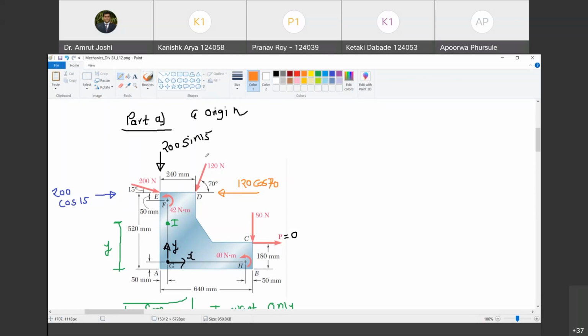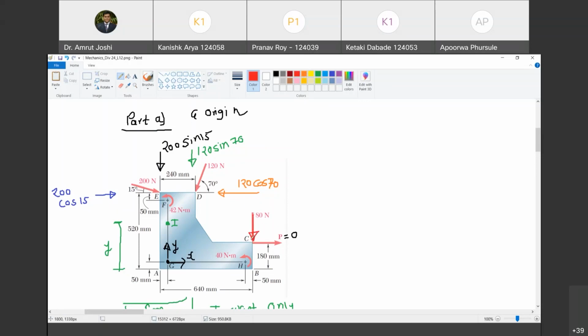That's right. What is the vertical component of this 120 Newton force? 120 sine 70. Yes. So 120 sine 70 going down. So ideally negative, but as we have shown the direction, we are going to write it as 120 sine 70. Happy? Yes, sir. Okay. What is the vertical component of this 80 Newton force? This 80 Newton force itself. Yes, sir.